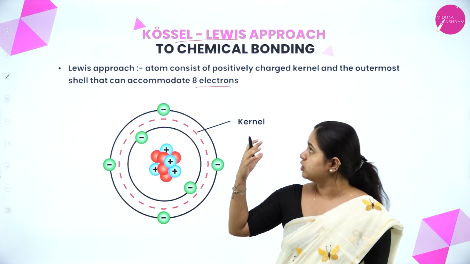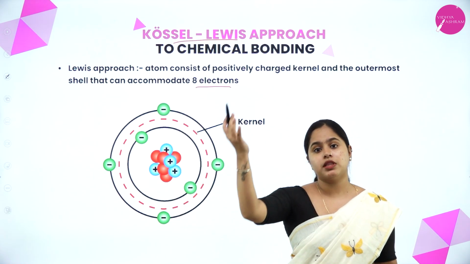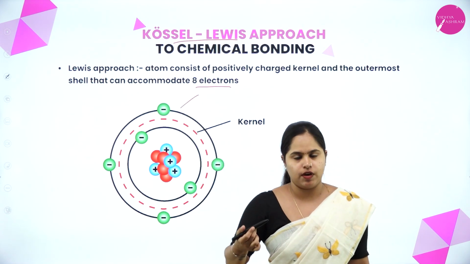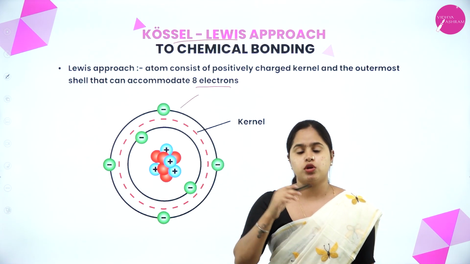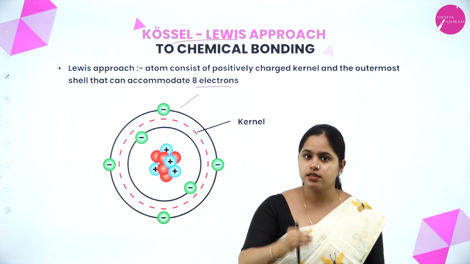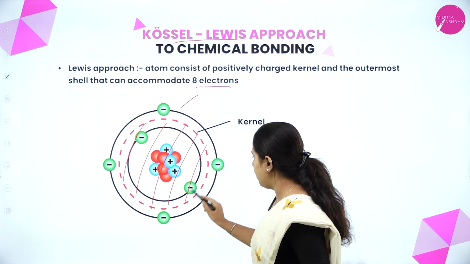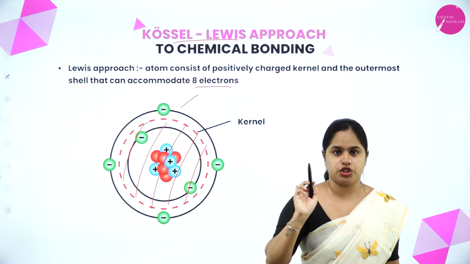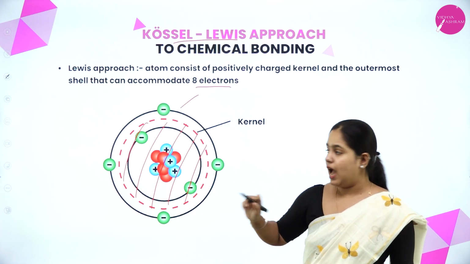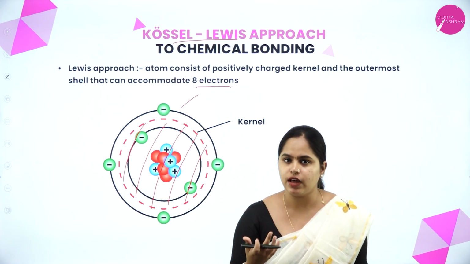According to the KÖSSEL-LEWIS approach, this whole part except the outermost shell, which contains the valence electrons, is called the kernel. So except the outermost shell containing the valence electrons, all the inner shells plus the nucleus form the kernel, and there is an outermost valence shell containing the valence electrons.